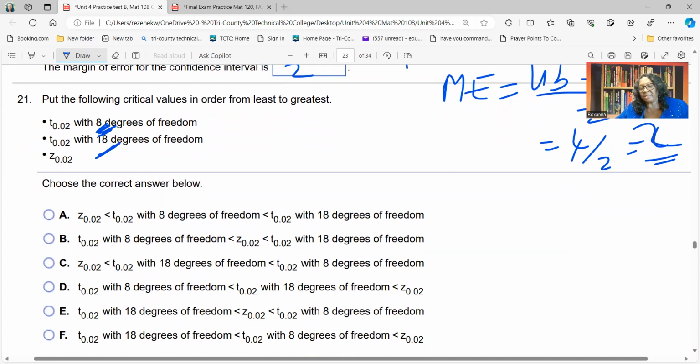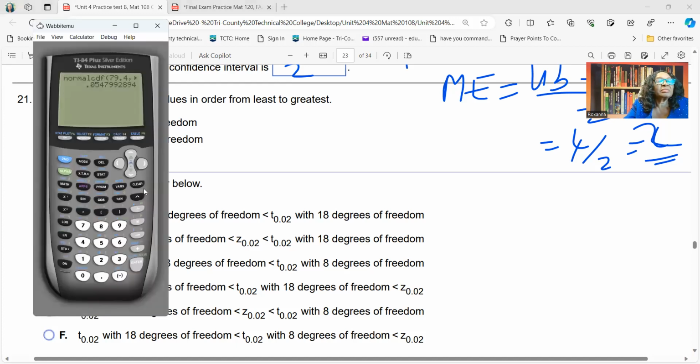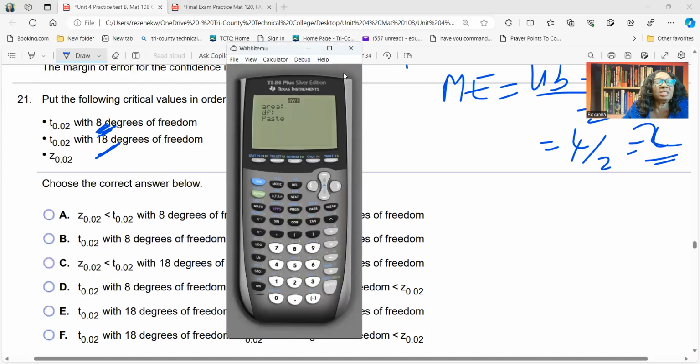So I just get my calculator and do inverse T. Second verse, what is inverse T? And I am in number 4. And then area to the left. They didn't tell us whether it is two-tailed or one-tailed, so we're just going to put in 0.02.